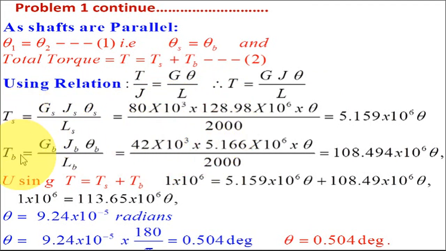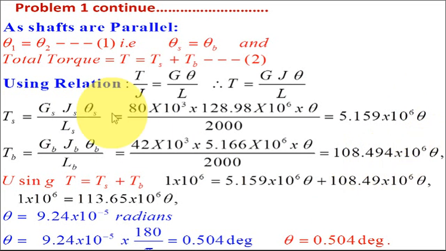Find out Ts, Tb in terms of theta. This Ts and Tb will be in terms of theta because theta is the same, so I have not differentiated it. So we got Ts as 5.159 into 10 to power 6 theta and Tb as 108.494 into 10 to power 6 theta.